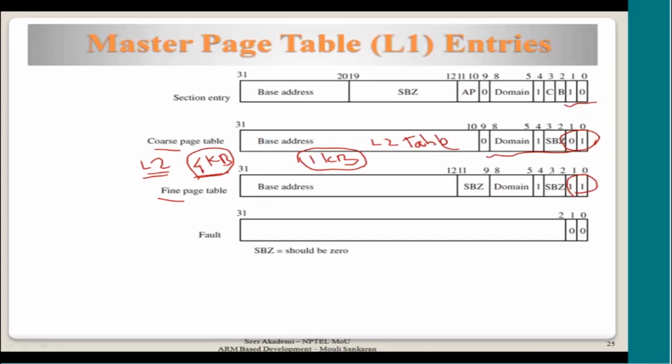Please remember, to see how the access permissions of those 1 MB spaces are given, you have to go into the L2 table. This entry is only giving the base address of the L2 page table.